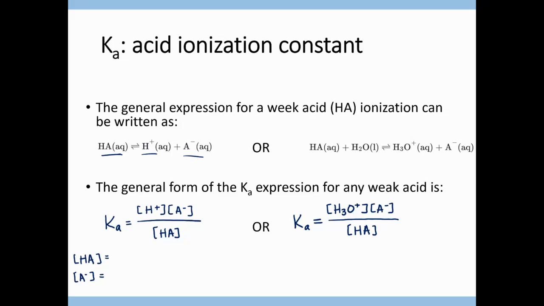I do want to be more specific about what we mean by HA and A minus. For any acid-base reaction where a proton is transferred between the acid and the base, we always have an acid, a base, a conjugate acid, and a conjugate base.